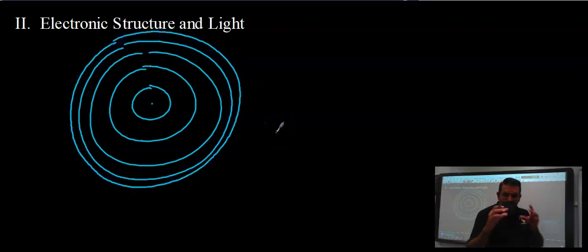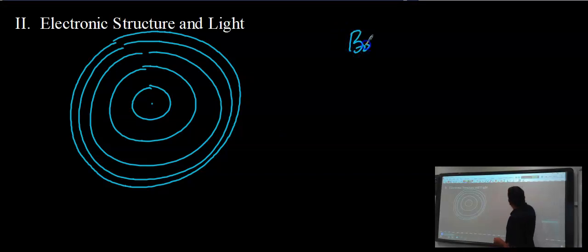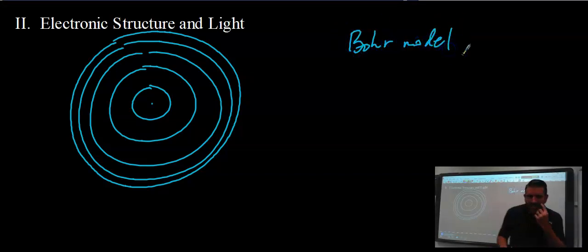And then we have these circles or rings that go around the nucleus. This is known as the Bohr model. And this is going to help us to understand the relationship between light and where the electrons are outside of the nucleus.